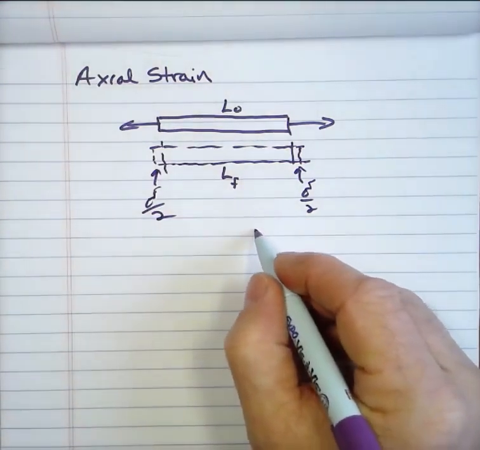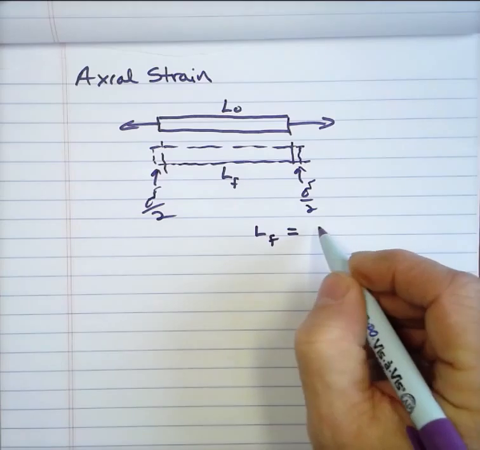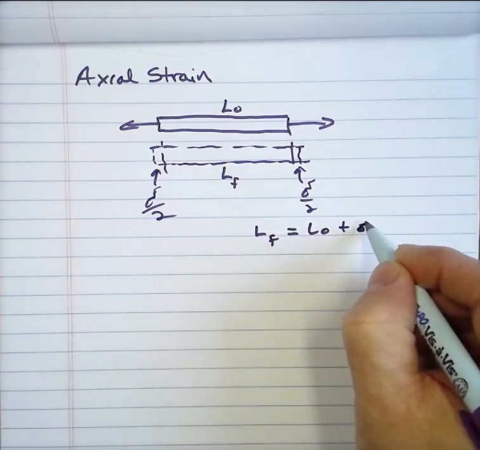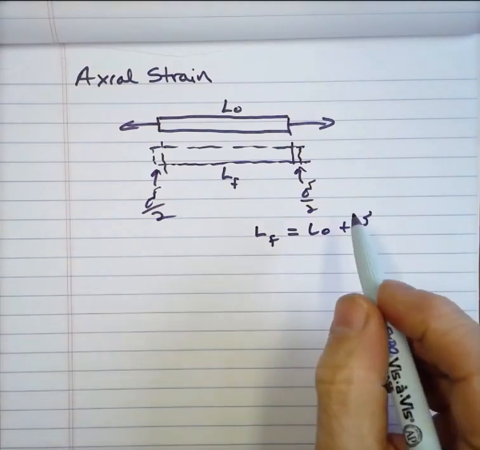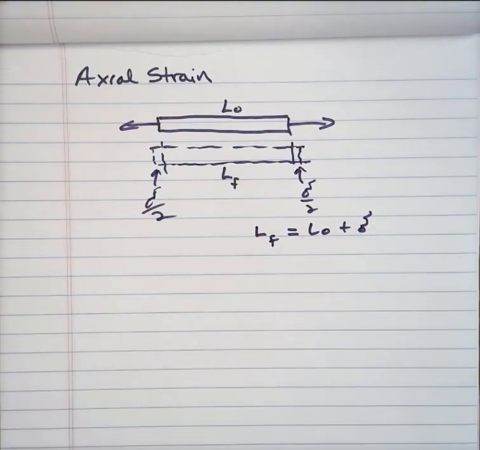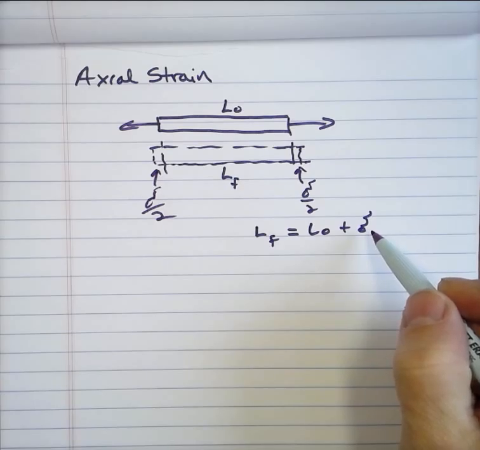It would make sense here then that the final length would be equal to the original length plus delta. This increase in length, or delta, is kind of like an absolute term. You had a 10-foot long beam or object, and it got a 1/10 of an inch longer, and now we know that it's a 1/10 of an inch longer.